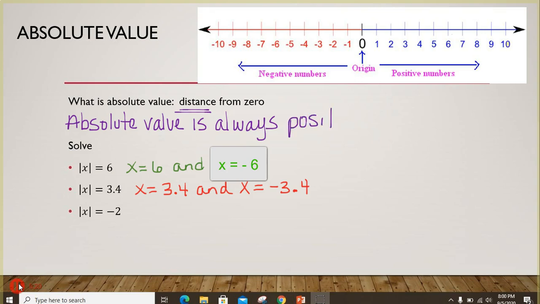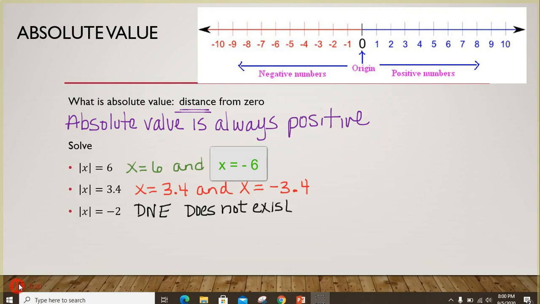So what that means is, if I'm trying to find a number that is -2 hops away from zero, that number does not exist. So that's actually a trick question. This does not exist. There is no answer that has an absolute value of -2.